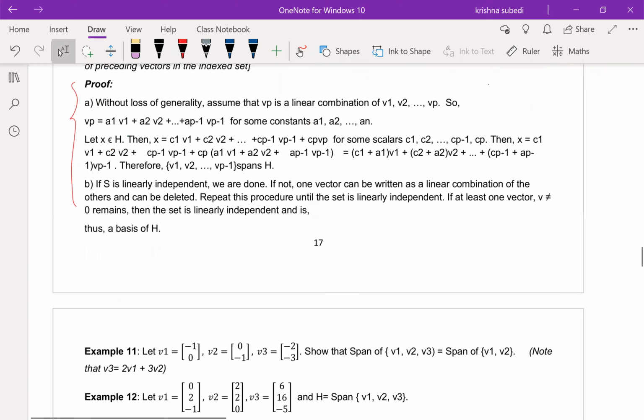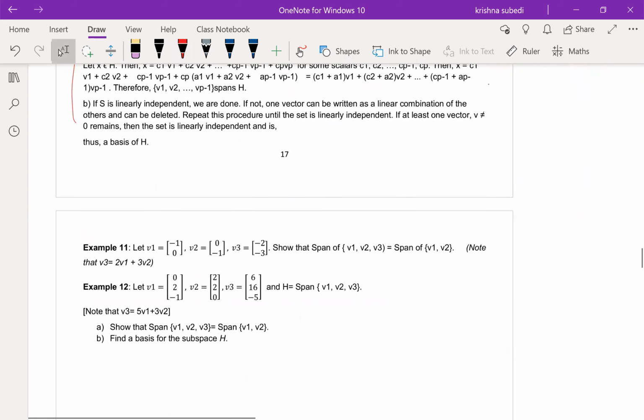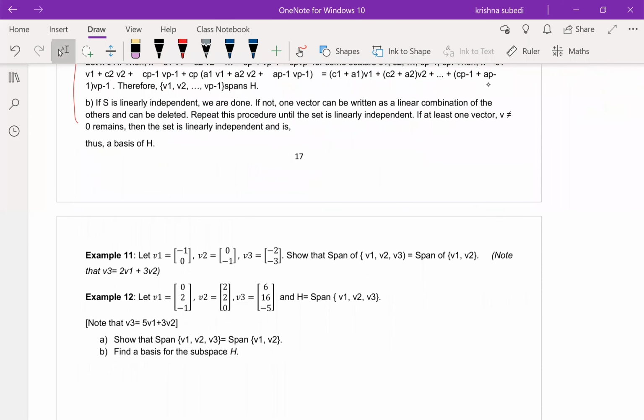Okay, let's look at the first example here, example 11. v1, v2, v3 is given so that the span of the set of vectors v1, v2, v3 equals the span of the vectors v1 and v2.